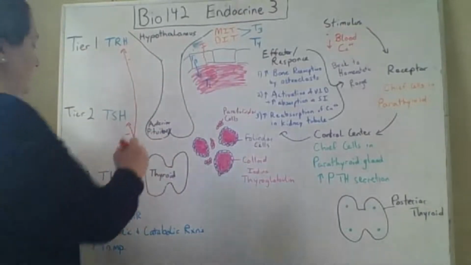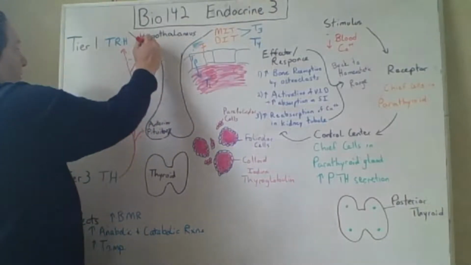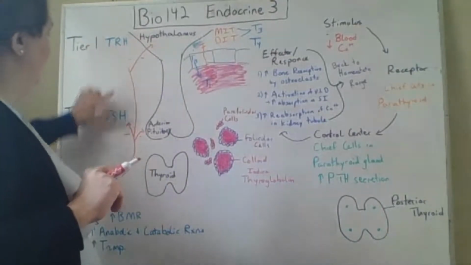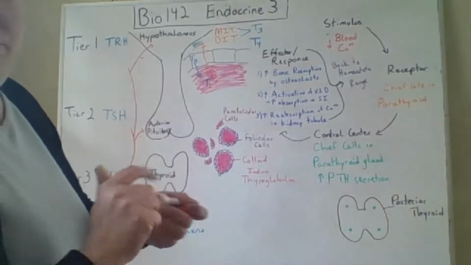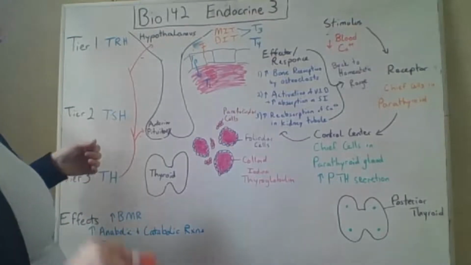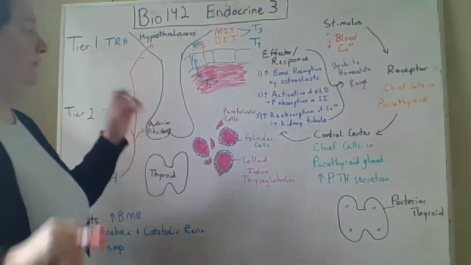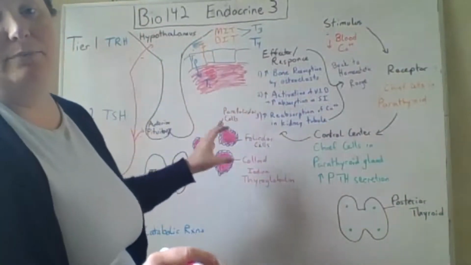It would provide a really, truly negative feedback there. So you wouldn't get thyroid releasing hormone, or thyroid stimulating hormone produced. So the stimulus to produce that thyroglobulin would not be there.